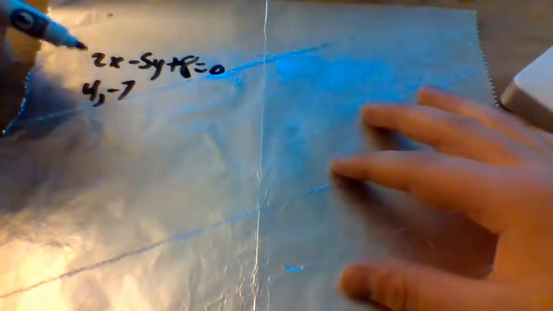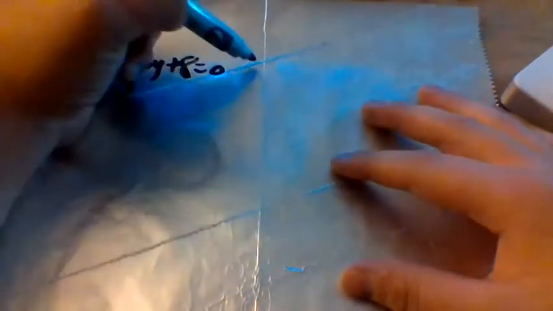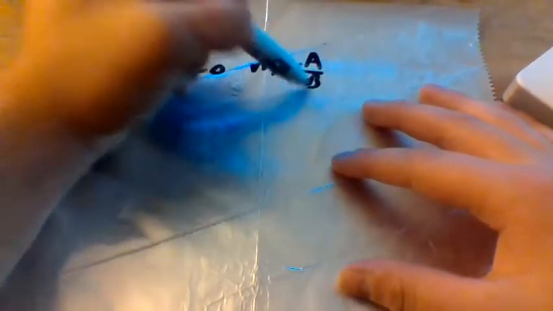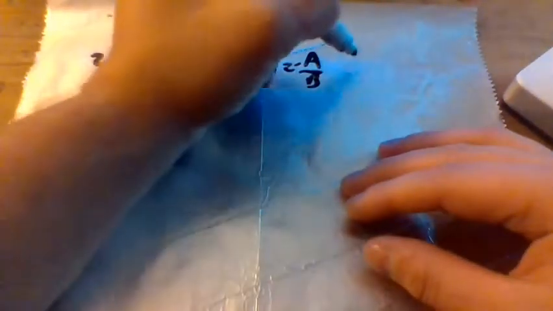What you're going to want to do is find the slope of this line, where m equals -a over b. And what this would be is just 2 over 5, because a over b. So a and b.